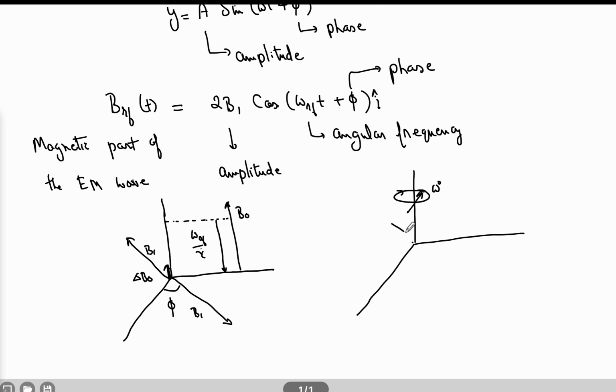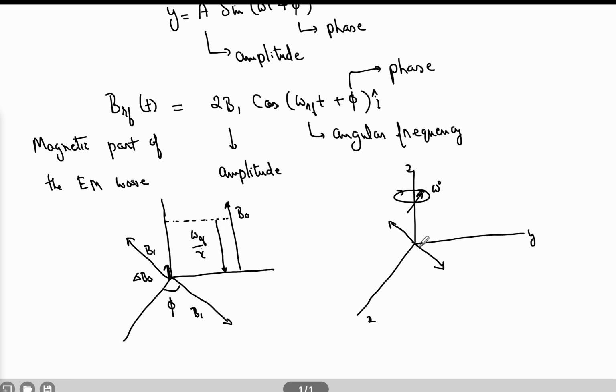Now I am saying that I am applying a B_RF which is linearly polarized, and it is oscillating at a certain frequency. It is not easy to imagine that a linearly polarized field will actually flip this magnetization down to the beta state, right? So to understand it better, we can decompose this linearly polarized oscillating field into two circularly polarized fields which are rotating in opposite directions.